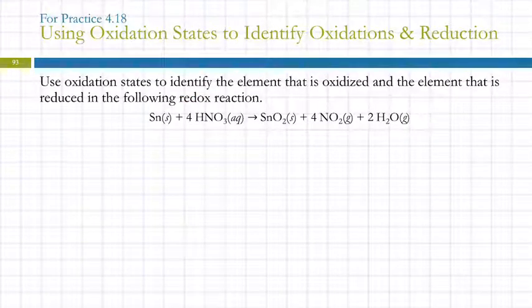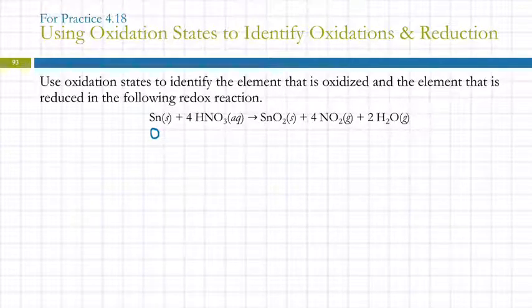Use oxidation states to identify the element that's oxidized and the element that's reduced in the following redox reaction. First thing is identify the oxidation states. So Sn, what's the oxidation state? Element by itself, 0. Let's skip that one for now. This one, SnO2.